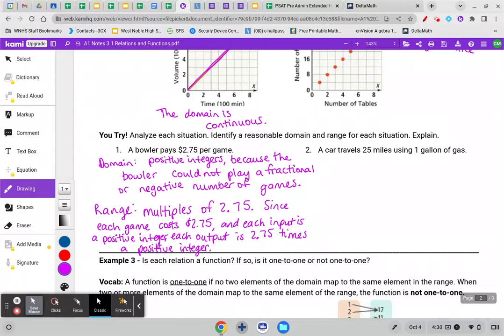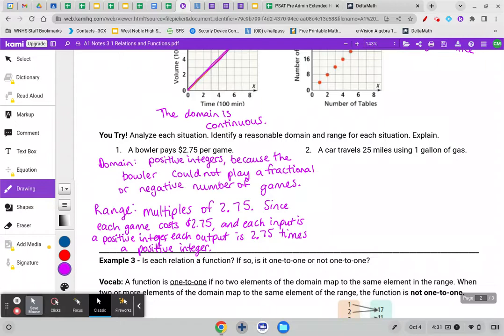So it is positive integers for the domain. And for your range, the output here is going to be multiples of 275 since each game costs $2.75. If she plays 2 games, it's going to be 275 times 2. So that is a multiple of 275.